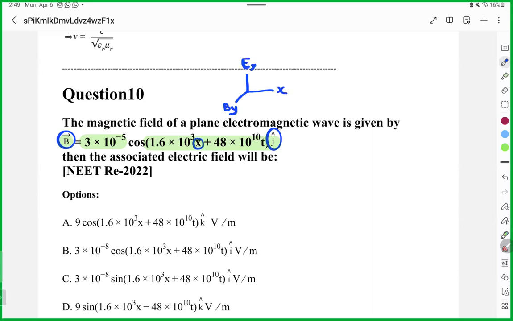So the electric field direction will be Z. It is asking for the electric field, Z. Correct. And if you want to calculate, E naught by B naught is equal to C. So the same formula is used everywhere. Exactly.